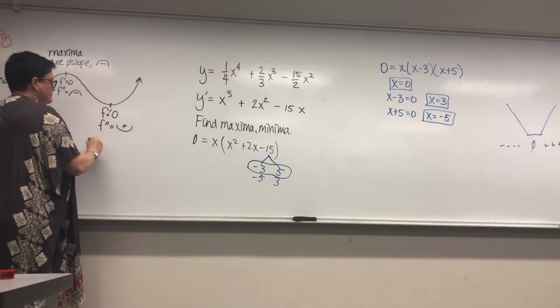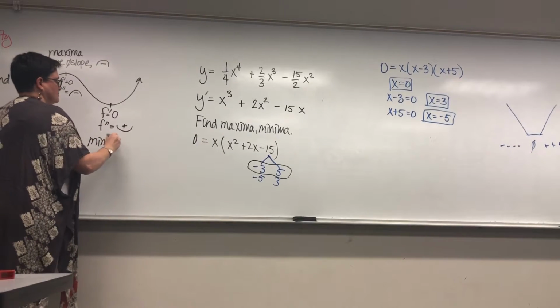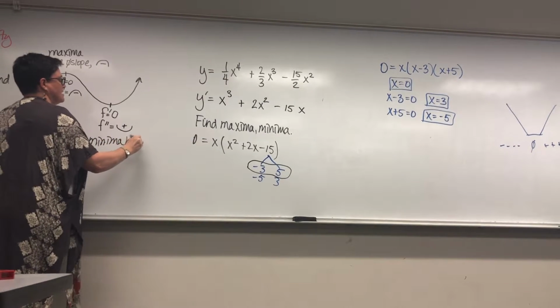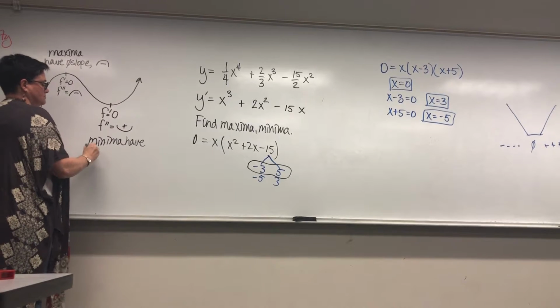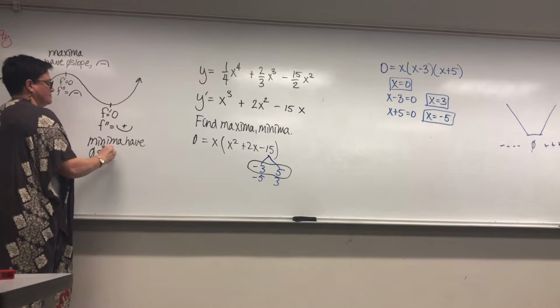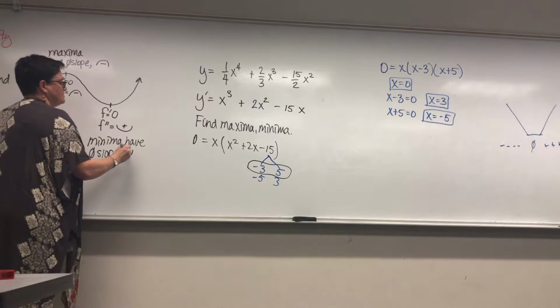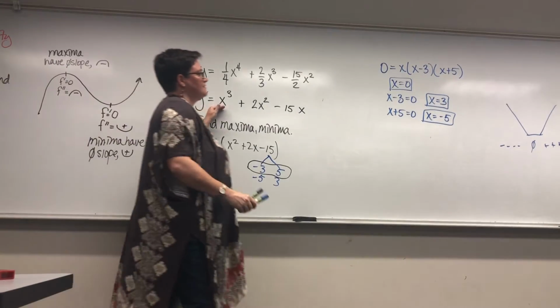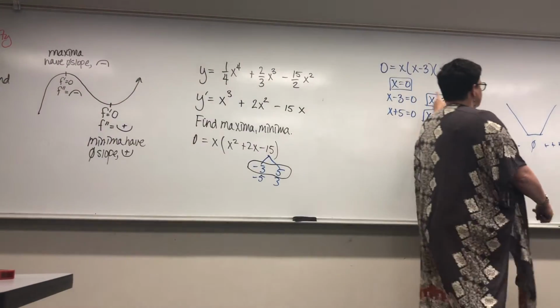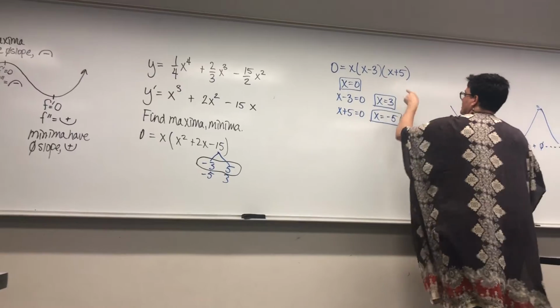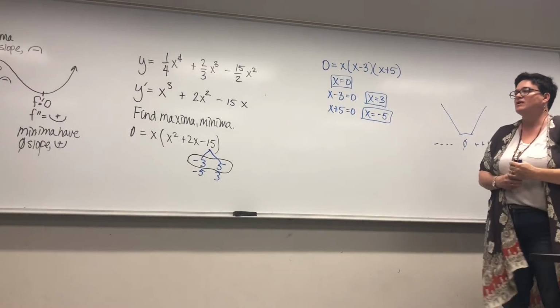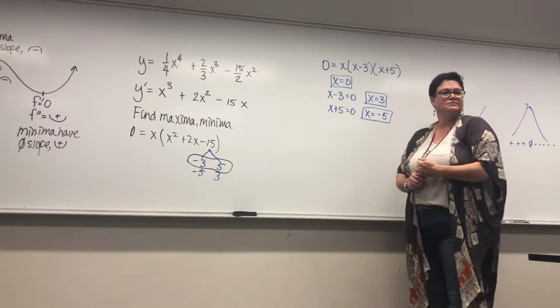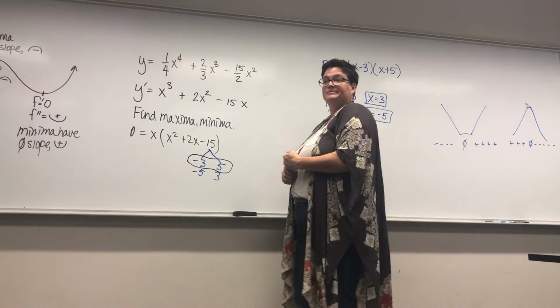And minima have, what do you think? 0 slope and what? And positive concavity. Do you think we could take the second derivative and then test all these points, 0, 3, and negative 5, to see what kind of profiles we get? Could we?